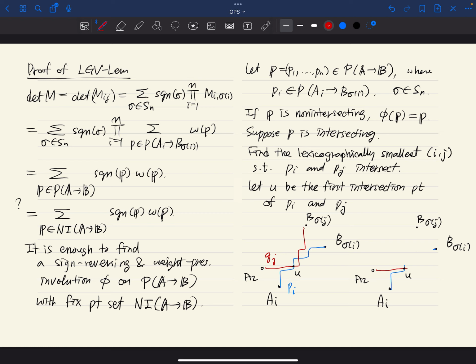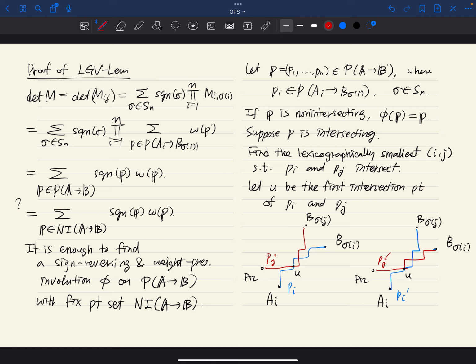This uses the tail of p_i, and this uses the tail like that. Okay, this is now, say, p_i prime. This is q_j, sorry. And p_j prime like that. Define p_i prime and p_j prime like that, just changing the tails.